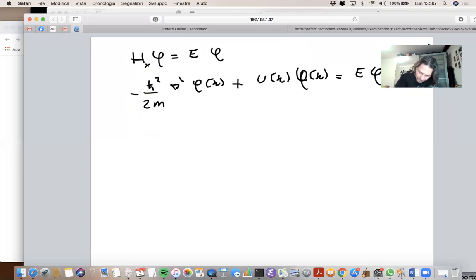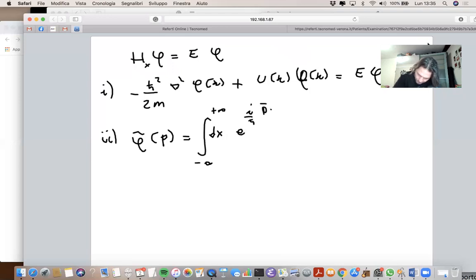I take the Fourier transform of the solution, and then I take the square modulus.